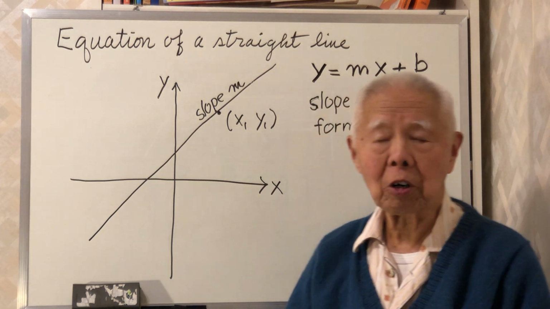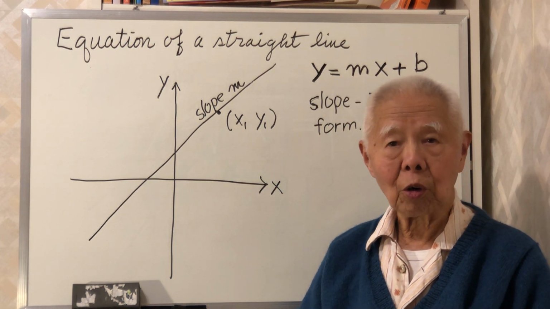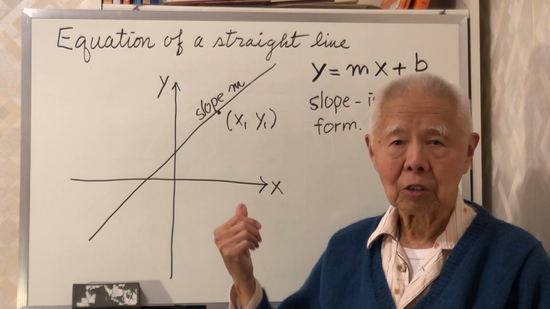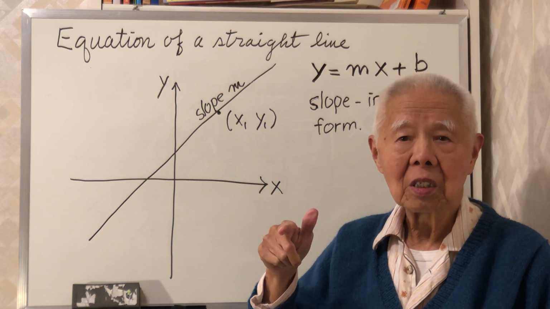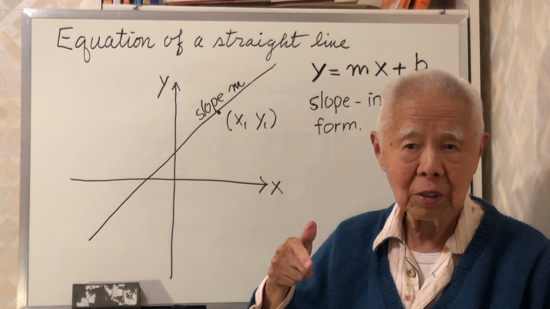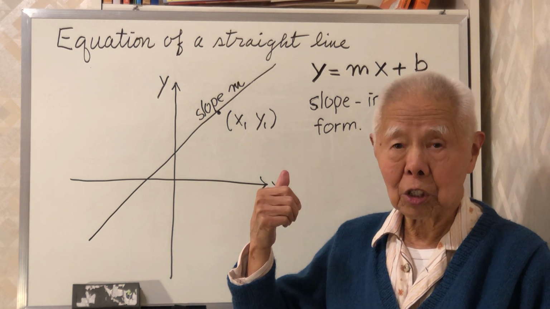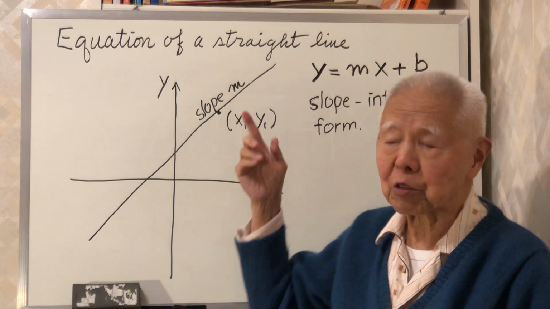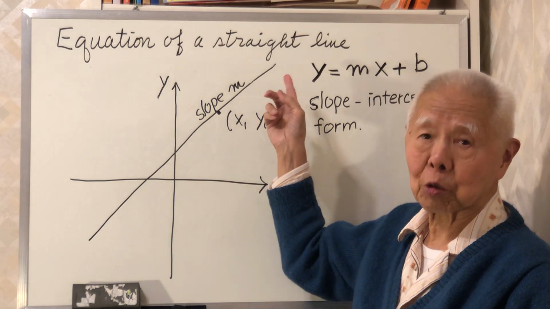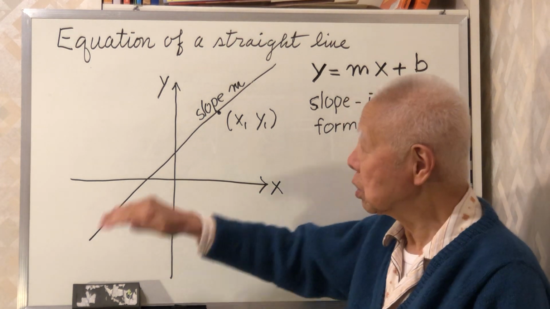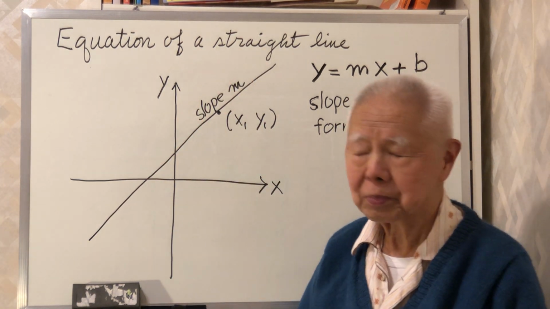Now in this example, you also have a point and a slope. But the point is not the y-intercept. So the equation of the line may be different from this equation. So how do we write the equation for this case?